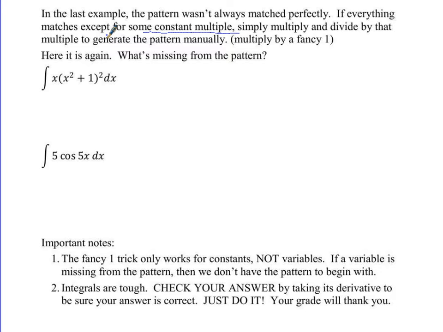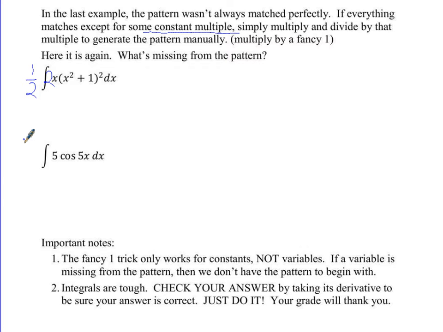Here it is again. So what was missing from this pattern? The 2. Which means that in order to keep this situation exactly as it was, the 1/2 goes out front. And now I have that matching pattern. And on this one, we had this one also. Is everything okay here?